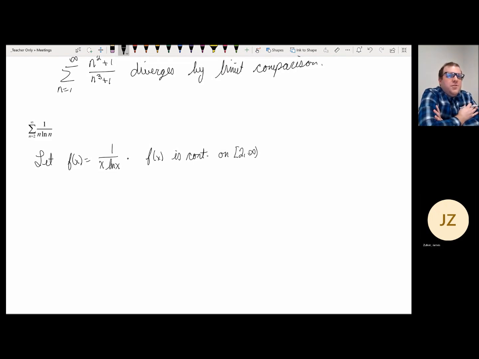There's only 2 points of discontinuity, 0 and 1, neither of which are in our interval. Clearly positive. x will always be positive. Log of x is positive on that interval. It's also fairly obvious that it's decreasing. x times log of x itself is increasing. Both terms increase as you move to the right, so 1 over that has to decrease.